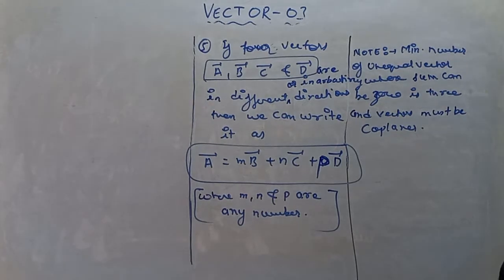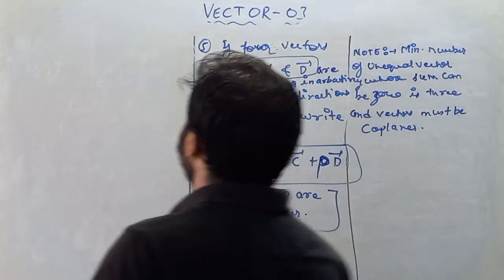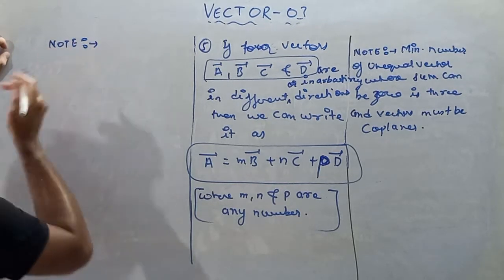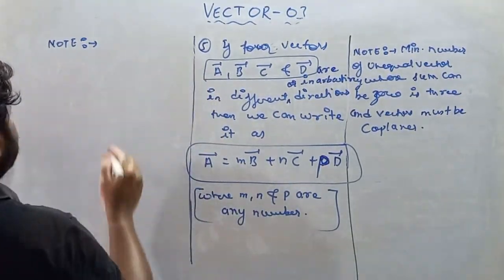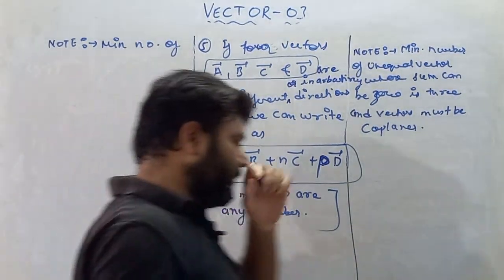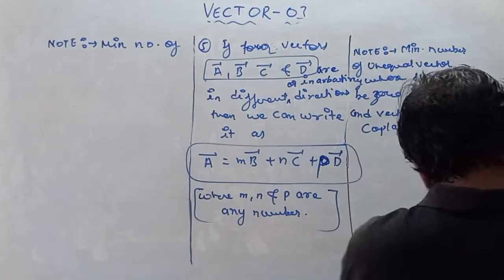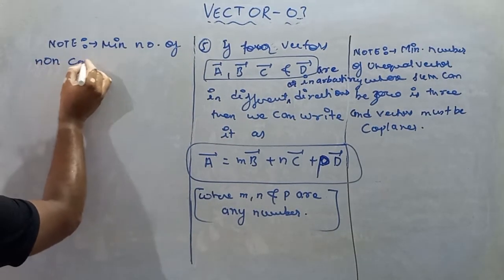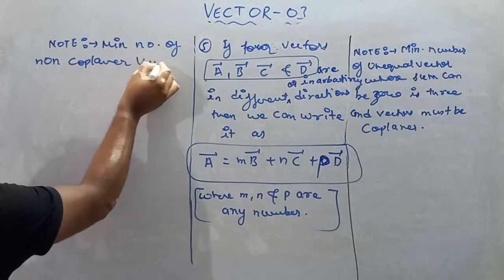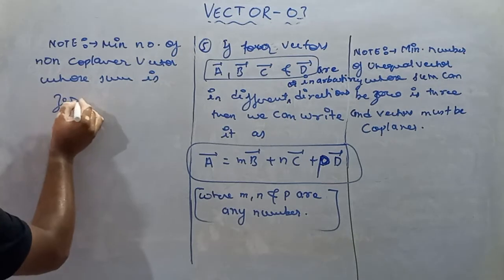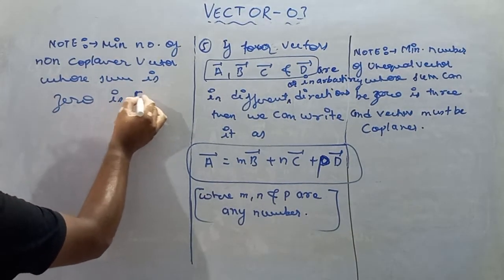Write down the next point, the minimum number of non-coplanar vectors. I'll write it in the form of a note: the minimum number of non-coplanar vectors whose sum is 0 is 4.